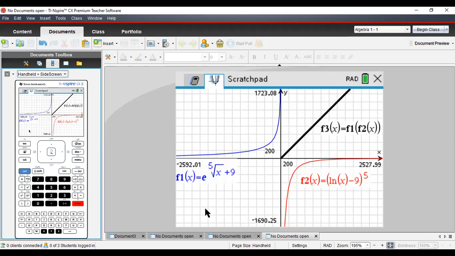Now, it doesn't go down here, and that's probably because the domains have to be restricted in order to make this work. But this part, you can see this is 1, 1, 2, 2, 3, 3, 4, 4, 5, 5 going up. So this is definitely the y equals x line here. So this right here is telling me that these two functions are indeed inverses of each other. We just checked it. We just kind of proved it.